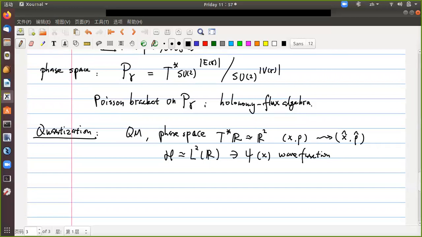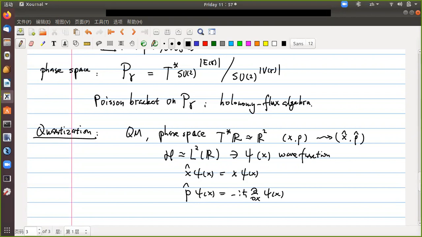Because you have phase space and you know what is x, your position variable, you can define your wave function as functions of x. That's your wave function. In quantization, you promote x and p to be operators: x hat on psi of x is just a multiplication operator, and p hat on psi of x is the derivative operator, minus i h bar partial x, psi of x.